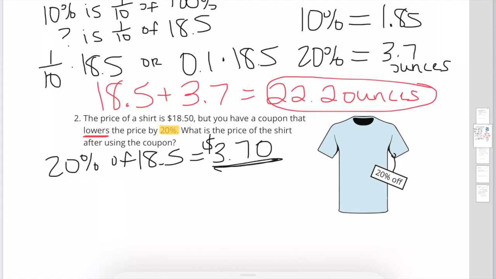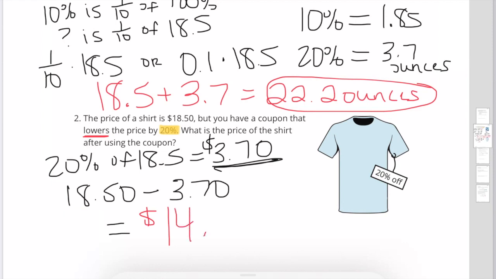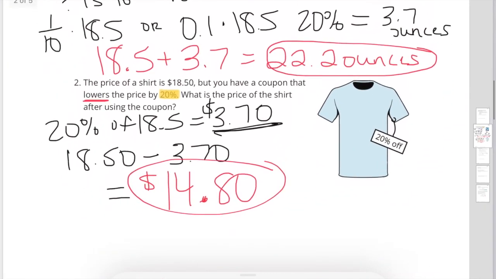What would be the cost of the shirt now? We know it was originally $18.50, and we're saving $3.70. So we are now paying $14.80.